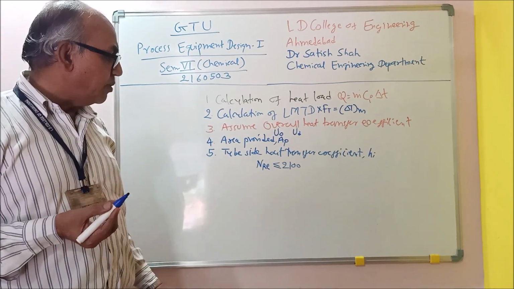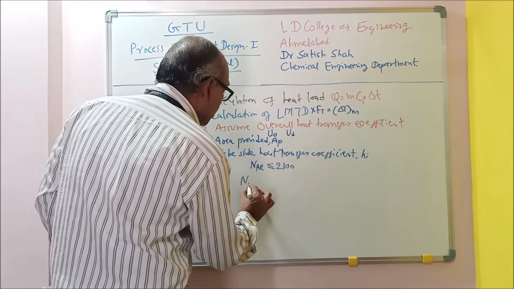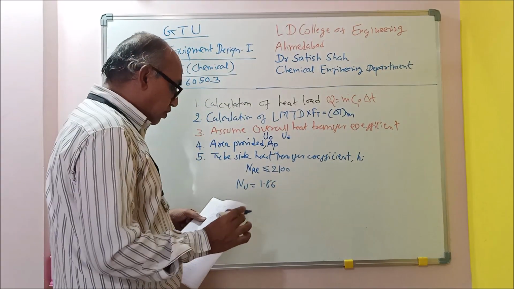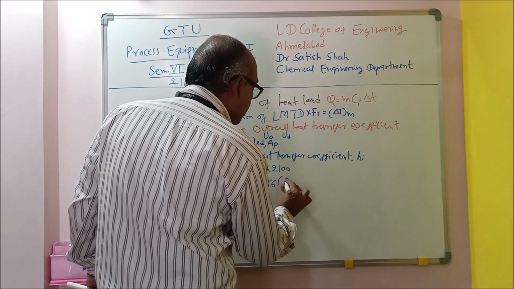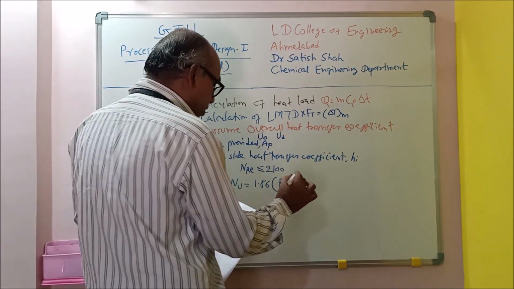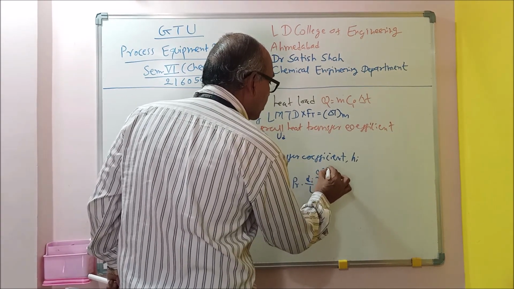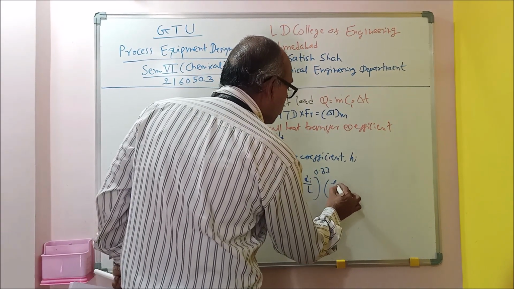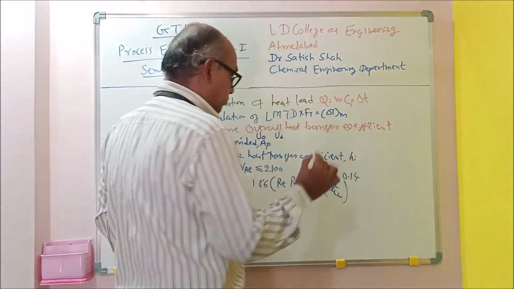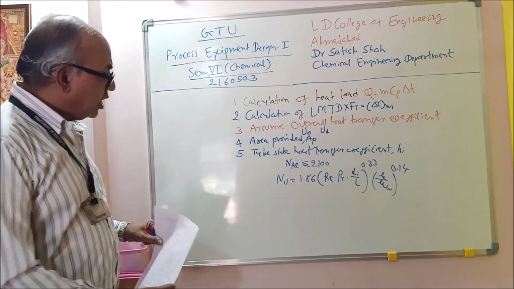And if the flow is laminar, in that case you will use the formula Nu is equal to 1.86 into (Re into Pr into Di upon L) whole raised to 0.33 into (mu by mu W) raised to 0.14. So what is here?